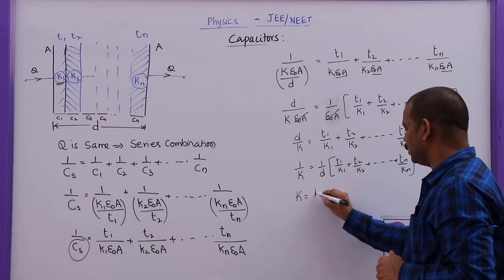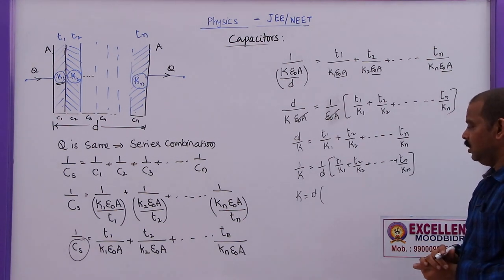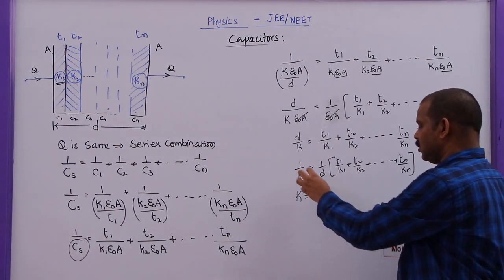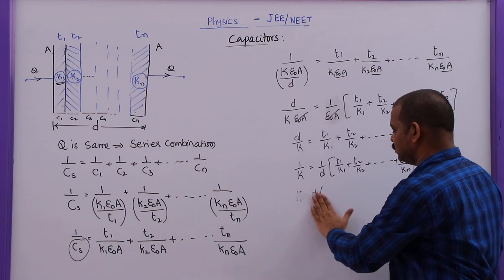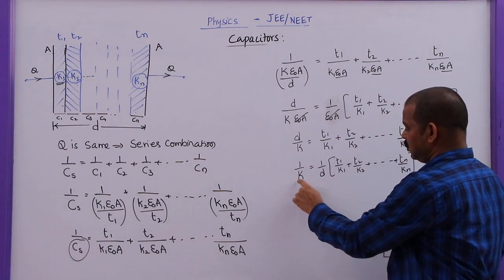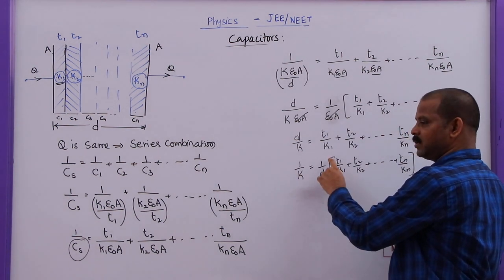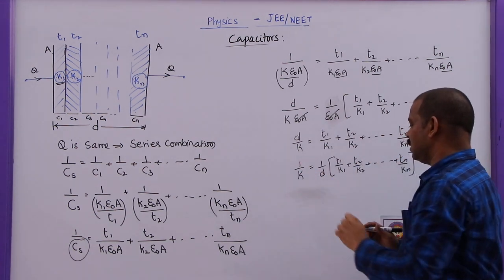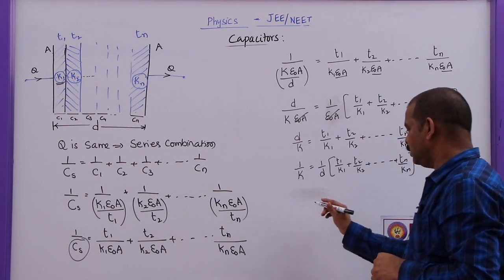This 1 by d will become d, and you can bring this one this side. So, let me do that. If you bring this 1 by k, this will become k, and the entire expression will come down here. So, what is this k?